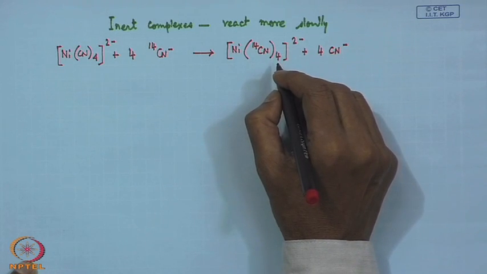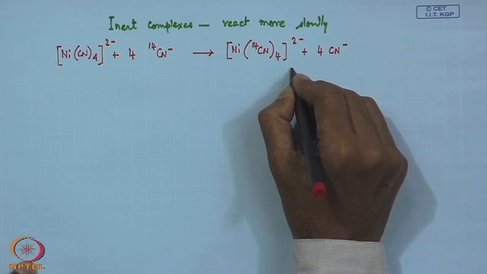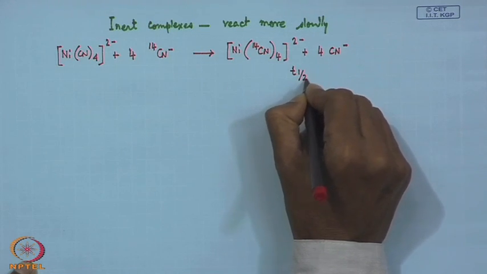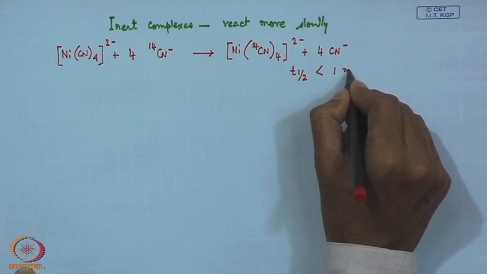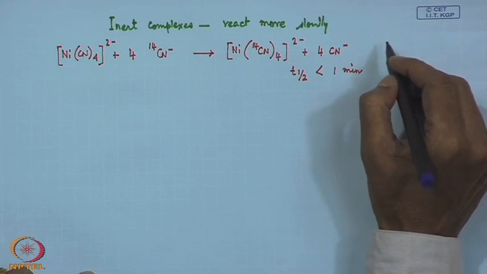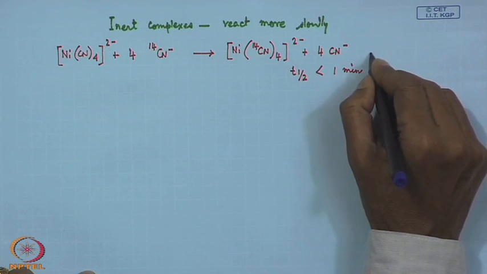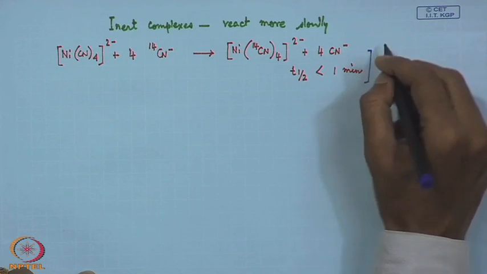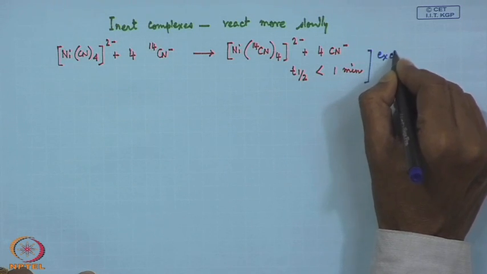and in this particular case the half life, as per Henry Taube's definition, is less than 1 minute. So, this particular reaction is also very fast. The cyanide exchange is quite rapid.